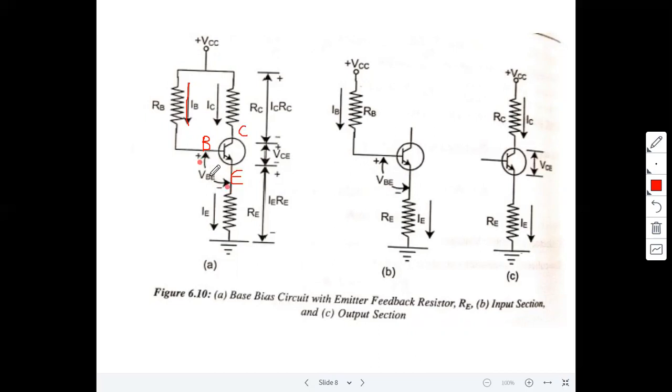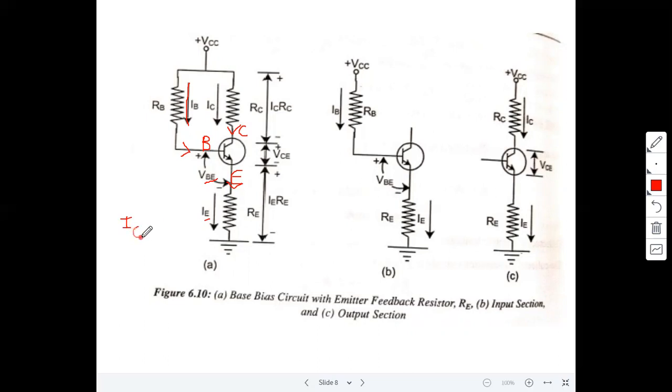Base to emitter, there is a junction, and the base to emitter voltage is VBE. This is RE, the emitter resistor, and the current flowing through it is IE. This is the flow direction of IB, IC and IE.